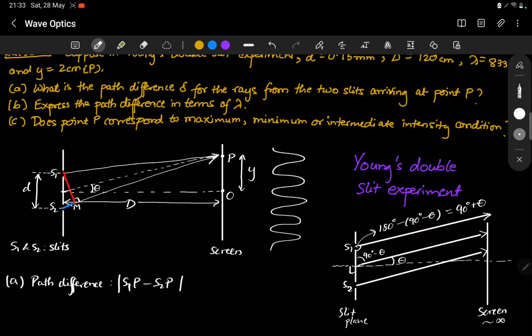Now if we draw from this S1 point a perpendicular, let me do it in a different color so that we do not get confused.